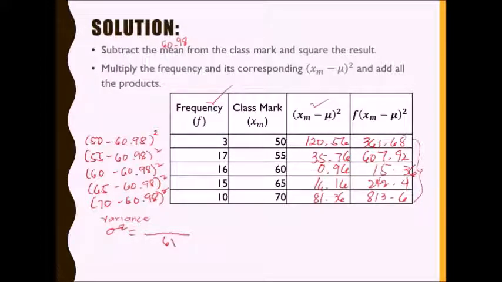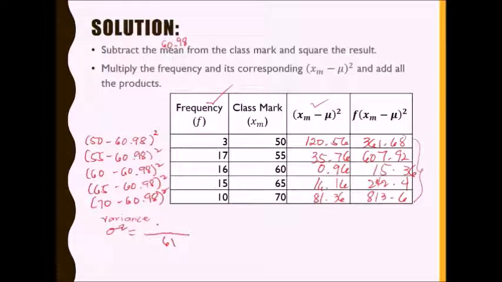So let's add: 361.68 plus 607.92 plus 15.36 plus 242.4 plus 813.6. Okay, so it's 2040.96.